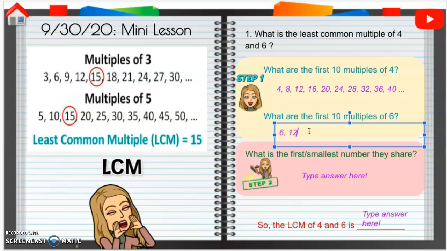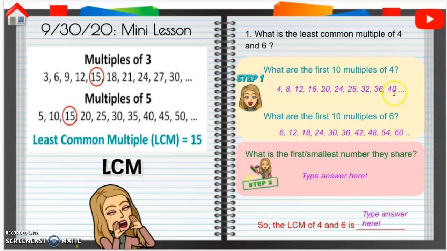So 6, 12, 18, 24, 30, 36, 42, 48, 54, and last but not least, 60. That is our 10. I am putting those dots there because multiples go on and on and on.